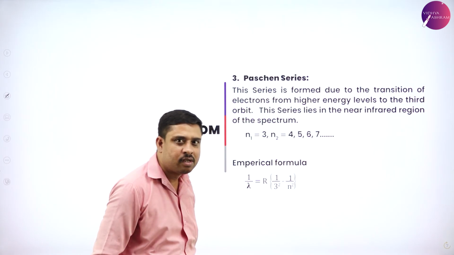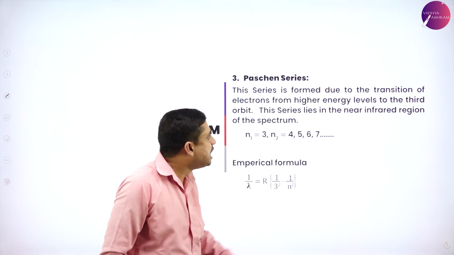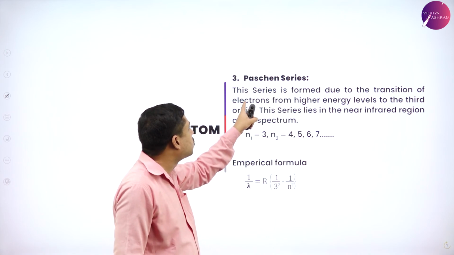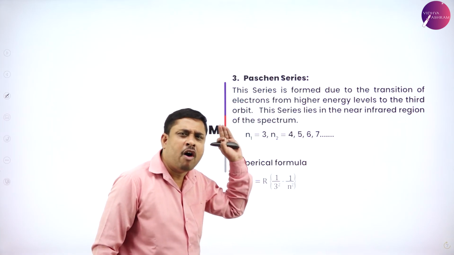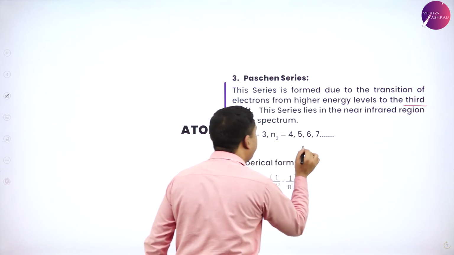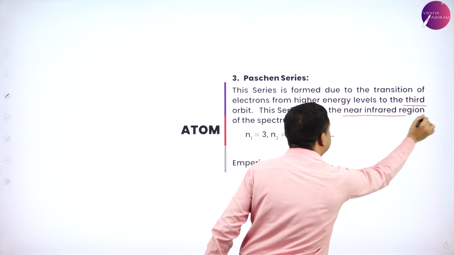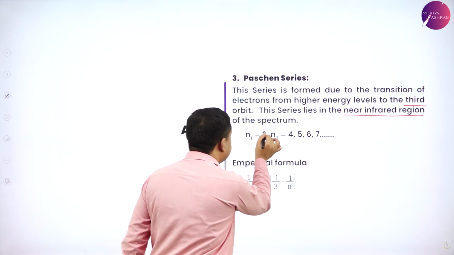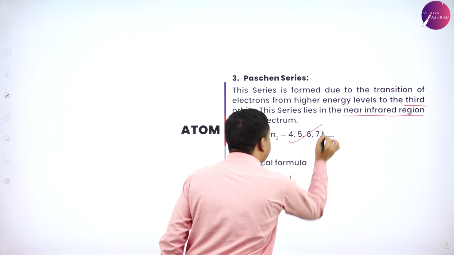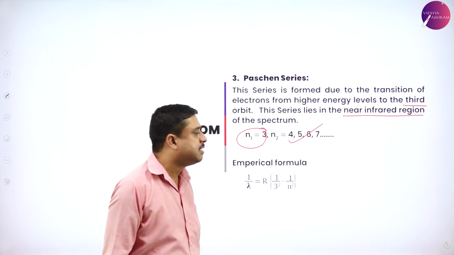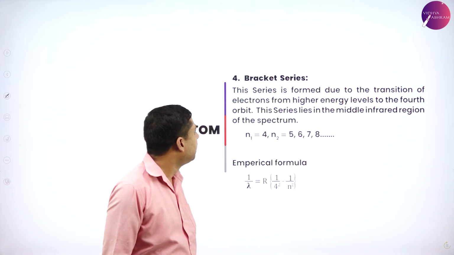Paschen series. This series is formed due to the transition of electrons from all higher energy levels to the third orbit. It lies in the near infrared region. N1 is 3, N2 is 4, 5, 6, 7, and this is the empirical formula.